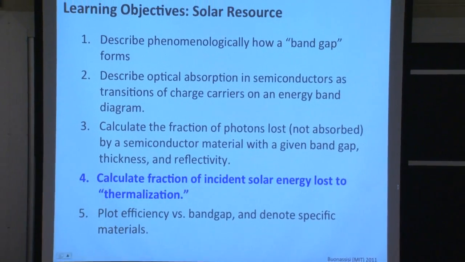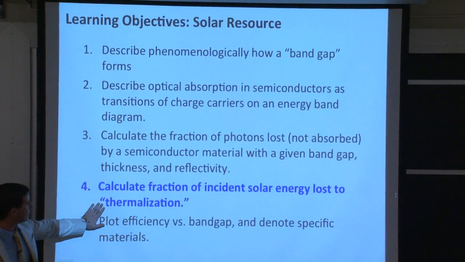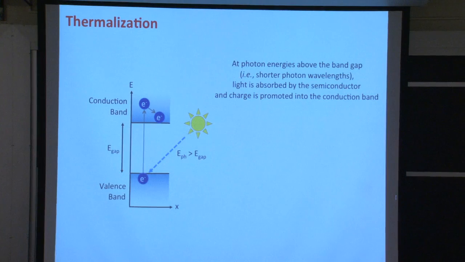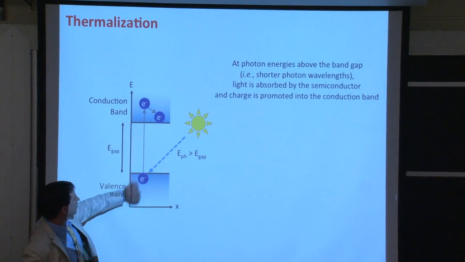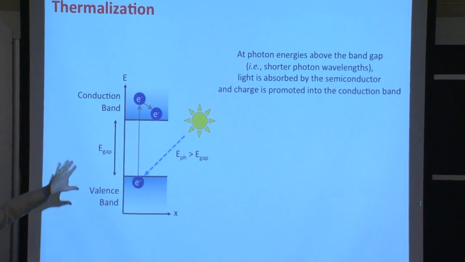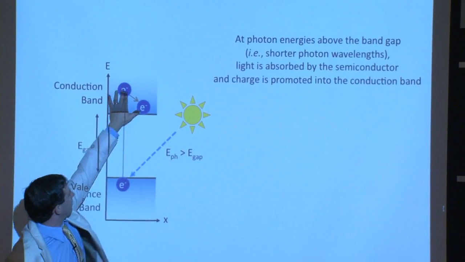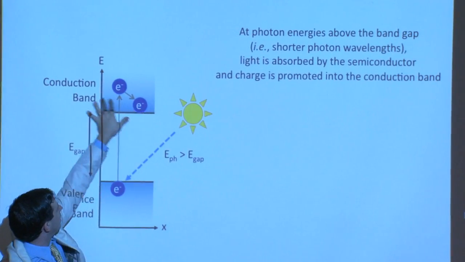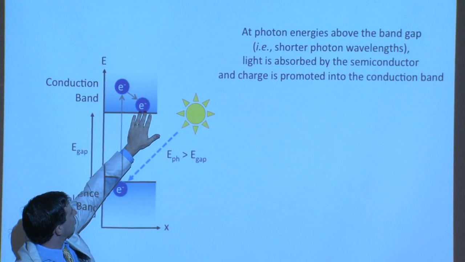We want to calculate the fraction of incident solar energy lost to this thing called thermalization that Ashley was mentioning before. We have, in this simplified diagram right here, an electron popping up to a higher energy level and then settling down to the bottom of this conduction band, this band of states that's empty right here, or largely empty.